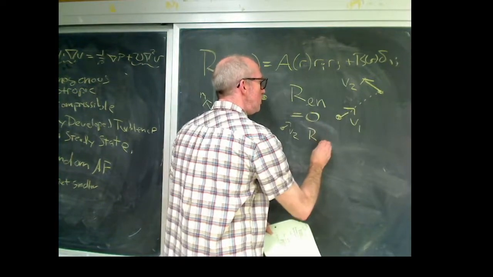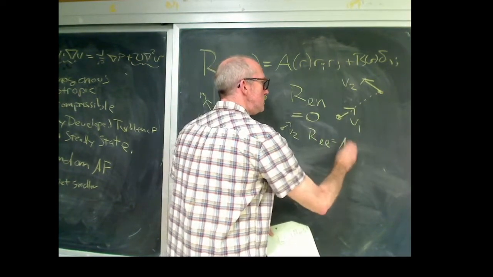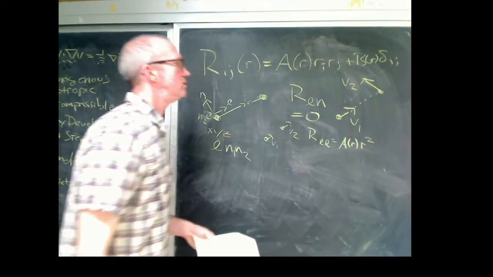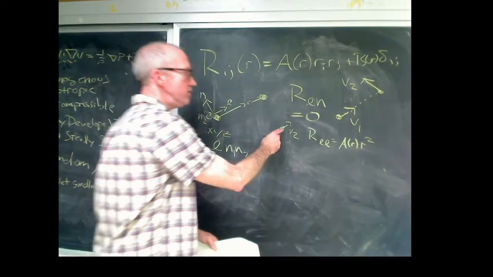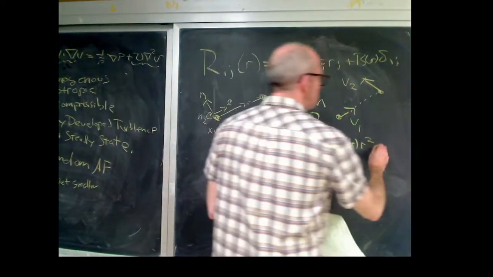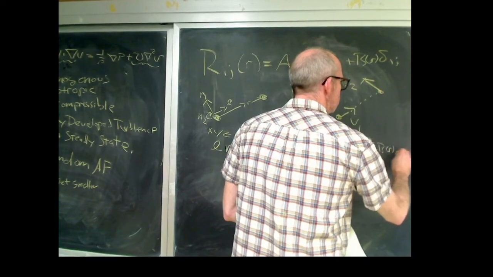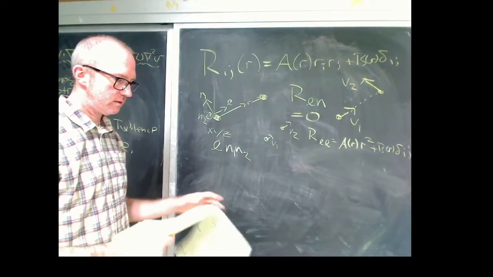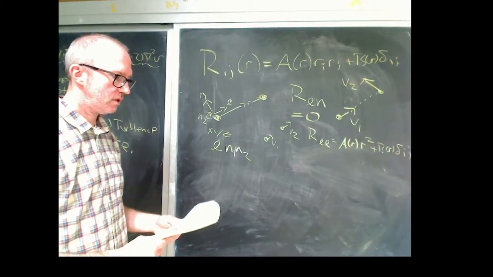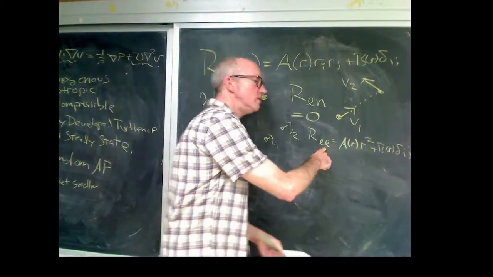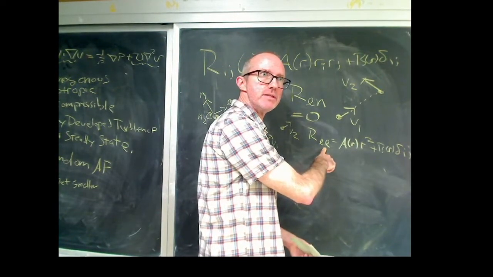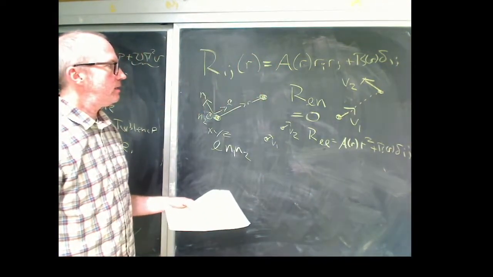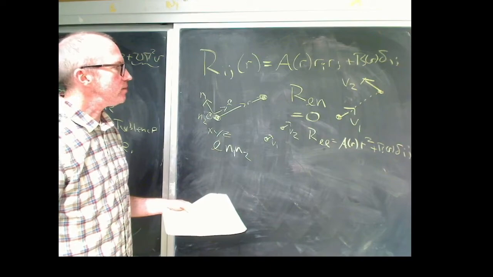Then R longitudinal longitudinal is equal to A of R times R squared, because that's all the difference, plus B of R delta ij. This is not summed over. I'm just writing down this component. I'm not summing over anybody. Well, that's a little simpler.